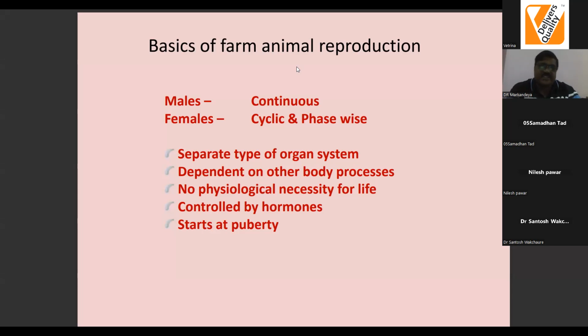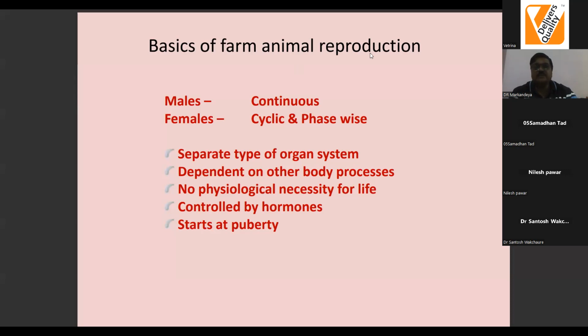As far as mammalian reproduction is considered, this system, which works in males and females in a very different manner, has 5 characteristic things. Please remember that we are not getting our expected results because of these important characteristics of the reproductive system.